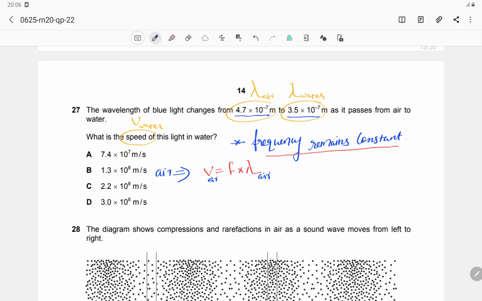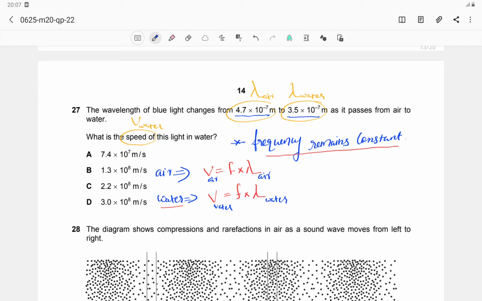Likewise, when the light is in water, the speed of light in water equals the frequency of light, which is constant in both air and water, times the wavelength of light in water. As frequency is not changing, we don't have to use f air or f water, so you can use a common letter f.